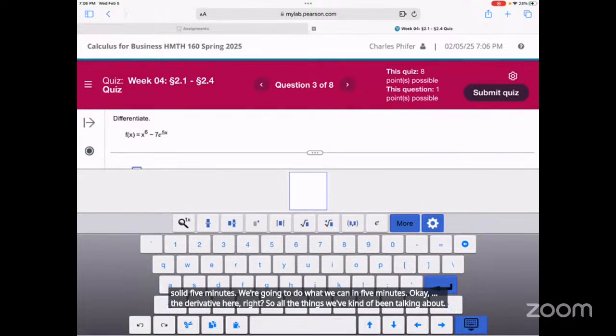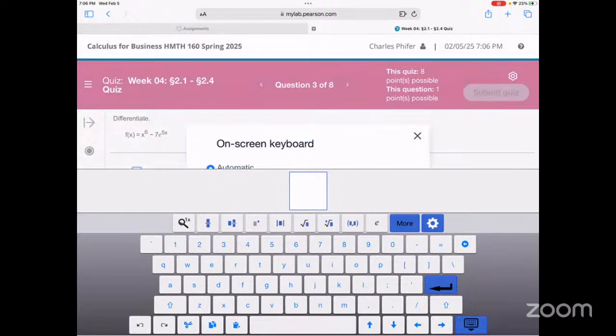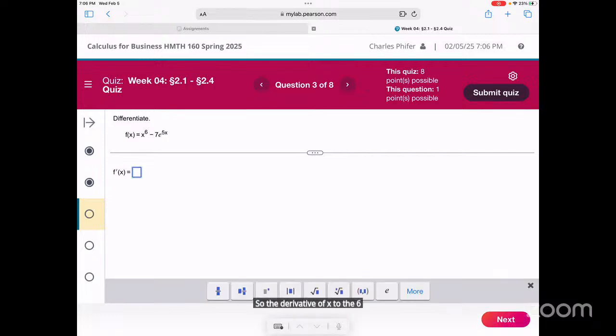Let me switch this out. All right, so that first term, the derivative of x to the 6 should be 6x to the power of 5. Okay.